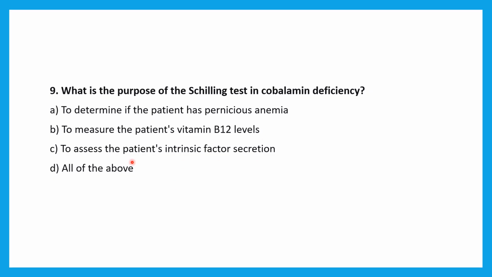So which one do you think is the correct answer? Of course, A is the best answer. The Schilling test in cobalamin deficiency is used to determine if the patient has pernicious anemia. All right, that is question number 9. We move to question number 10.